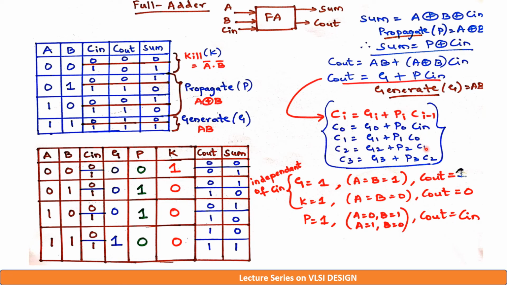If you substitute C1, C2 will depend on only the carry input variable instead of the previous carry C1. C3 is G3 plus P3 C2. If we substitute C2, C3 will only depend on C in value instead of the previous carry C2. So the carry dependency is eliminated. Therefore, the speed of the adder can be improved, but at the cost of increased chip area.